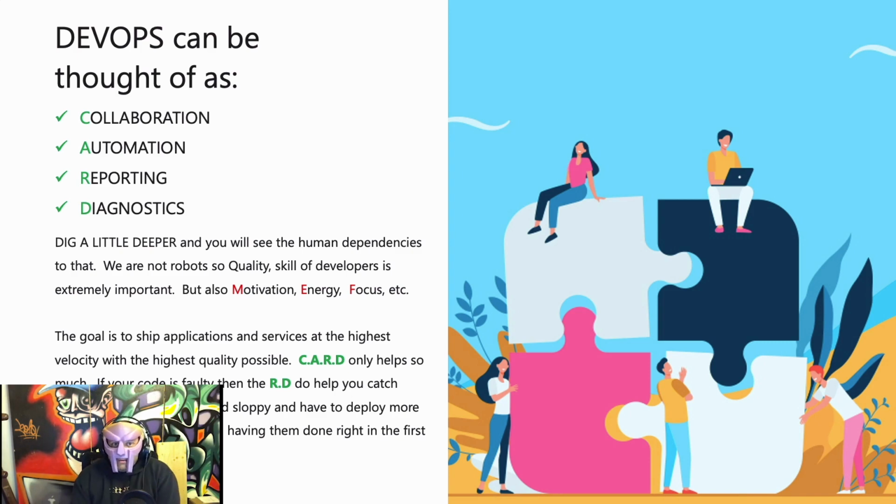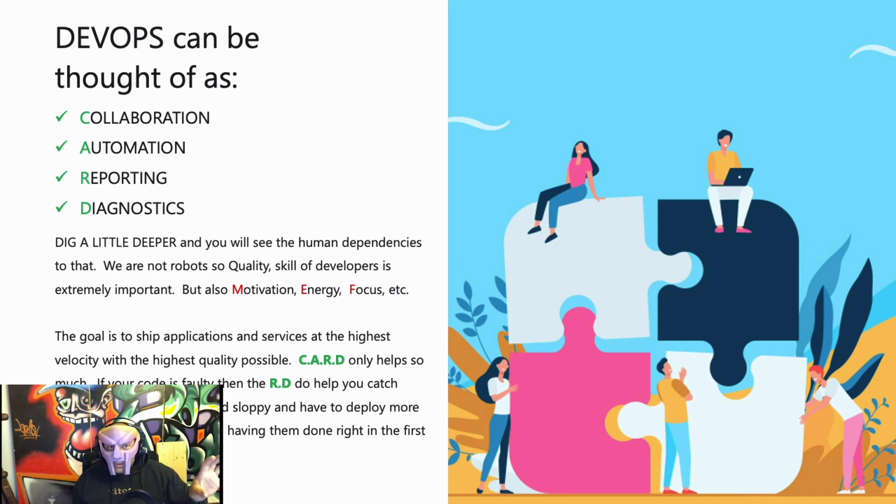Maybe you don't have access to an API to run some kind of Lightspeed or some kind of SEO based reporting, so you have to do that manually. So then you have the reporting. On these processes that perhaps were automated, or the deployment process. Did the deployment happen, was it successful? If not, I get errors. Then I can start diagnosing those errors, and I can continue through that process.